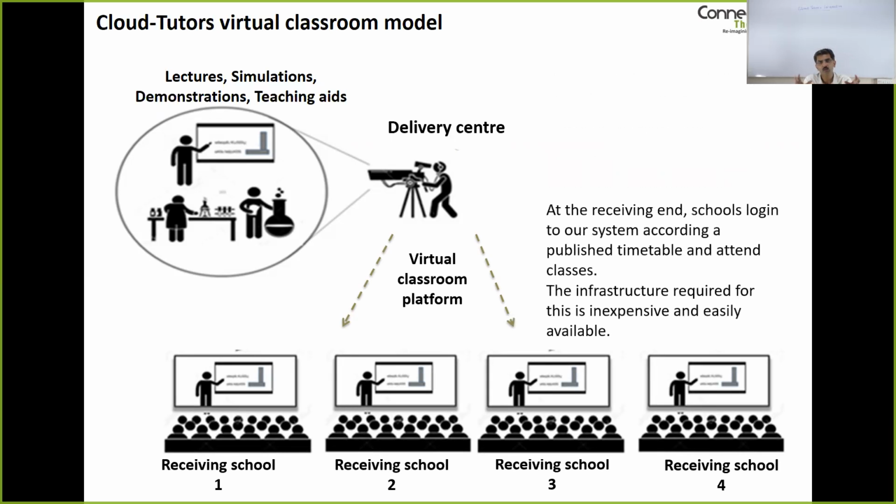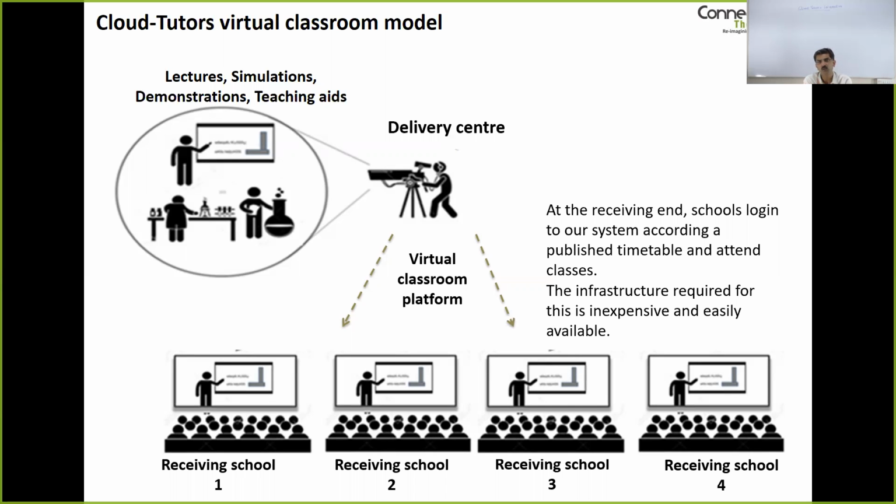So the various schools that subscribe to this program will log into our portal at the same time according to the timetable and join the classes that are running. In this way, they become part of a virtual classroom and they listen to our instructor deliver the lesson live.